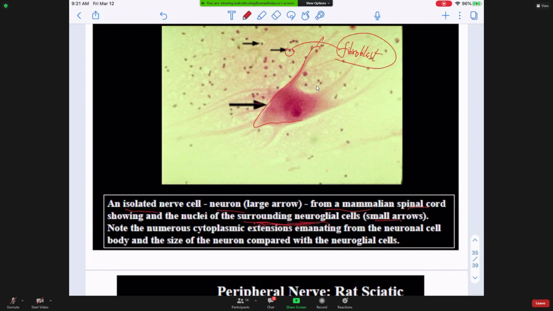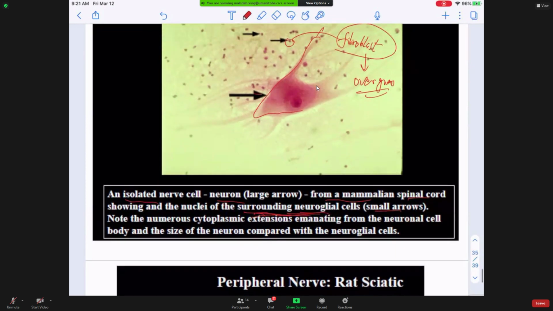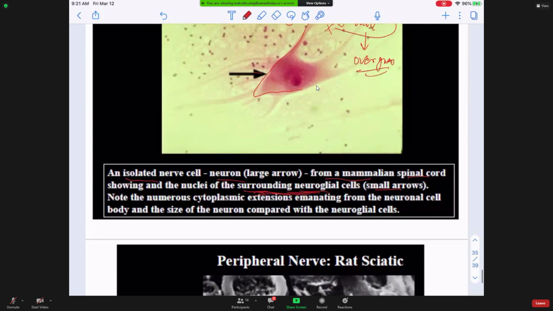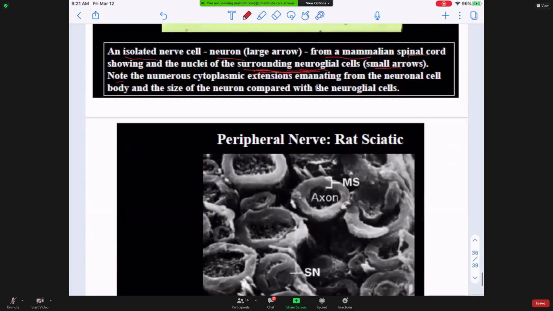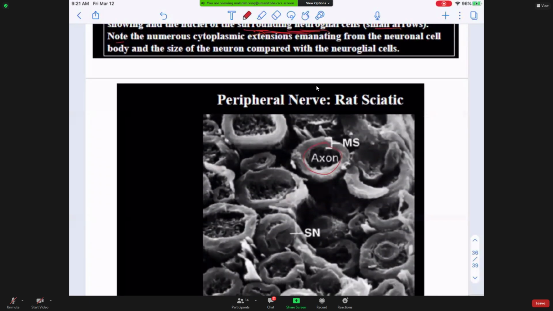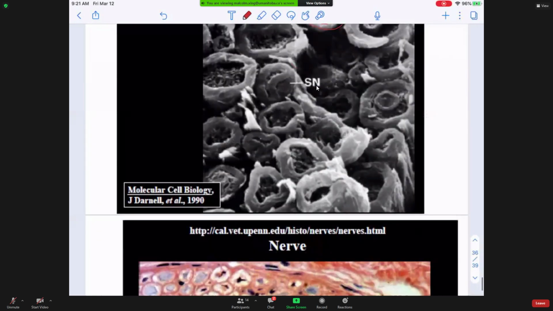And if this one overgrows, yeah, a kind of cancer. So here you see the axons and the myelinated structure that provides insulation.